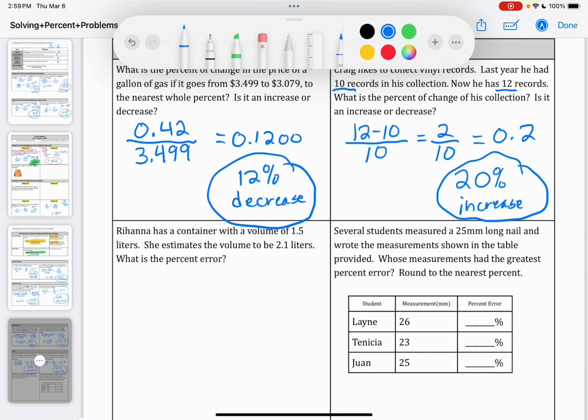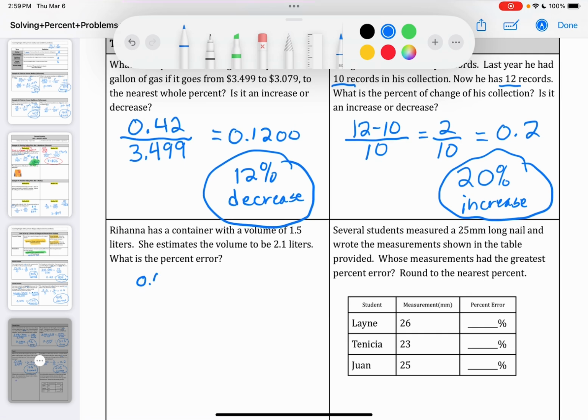Rihanna has a container with a volume of 1.5 liters. She estimates the volume to be 2.1. What is the percent error? So we need the difference. 2.1 minus 1.5 would be 0.6 difference. And then the actual is 1.5.